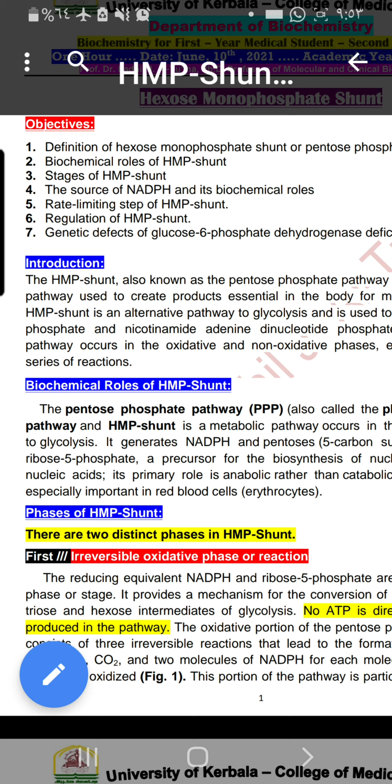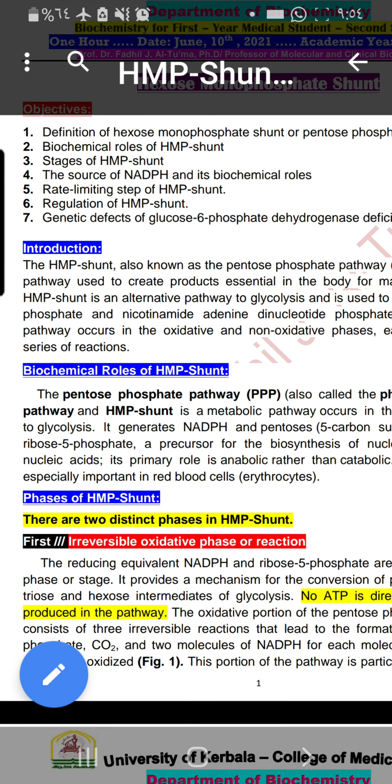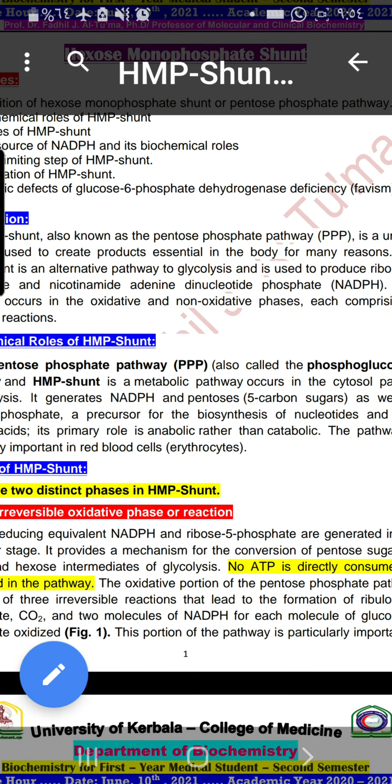And the other very important point of hexose monophosphate shunt is the genetic defect of glucose 6-phosphate dehydrogenase, or G6PD deficiency, which is the rate limiting enzyme of hexose monophosphate shunt. Hexose monophosphate shunt is very important.